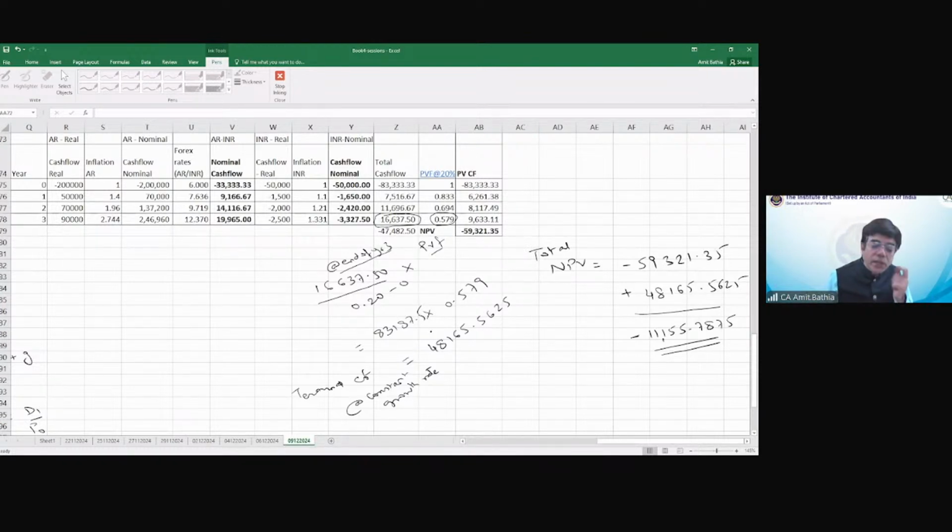But if that was asked in the question, would we recommend to accept or reject this project? We will not accept it, because it has negative NPV. So we will recommend that it should be rejected.